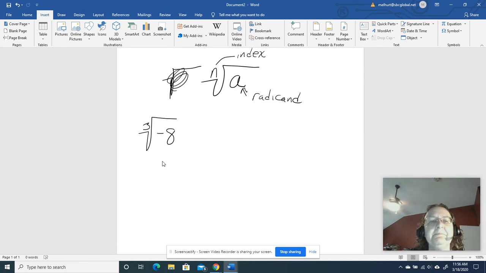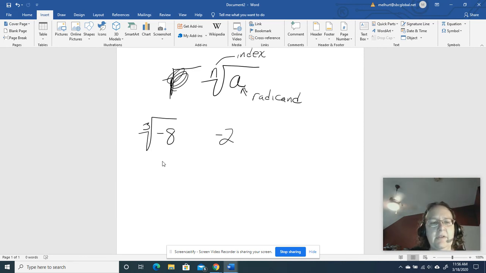So this right here: what times itself 3 times gives me -8? Yeah, -2. So -2 cubed is the same thing as -8, so the cube root of -8 is -2. Also, you should have your calculators, and if you go in the math directory and scroll down, it'll take any root you want. So number-wise, that's not a problem.